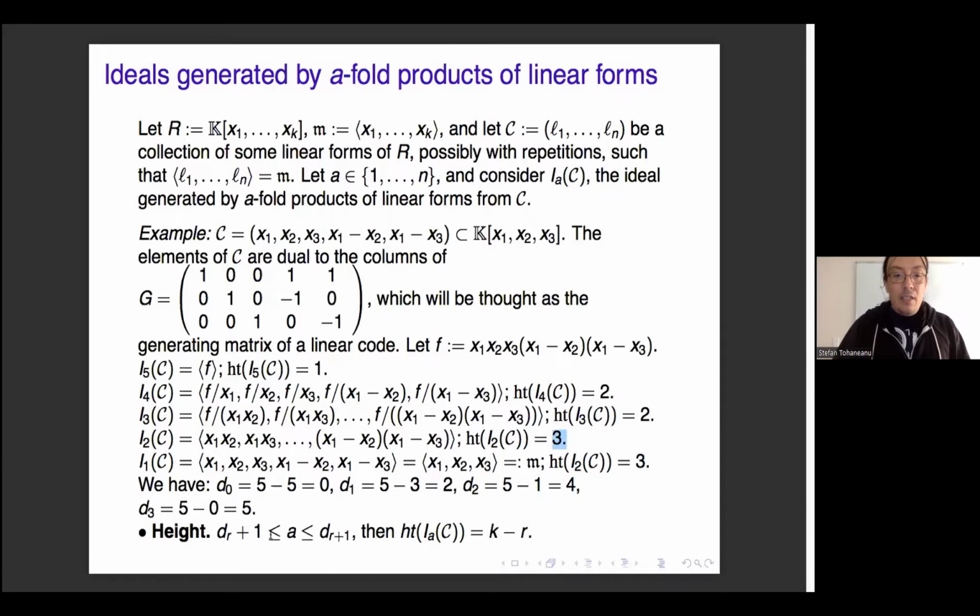If A is between, let's make r equal 1, so D1 plus 1, so that's 2 plus 1, 3, and D2, which is 4, so A is between 3 and 4, the height should be 3 minus 1, which is 2. So indeed, we have 2, 2 here. And similar for the other one.